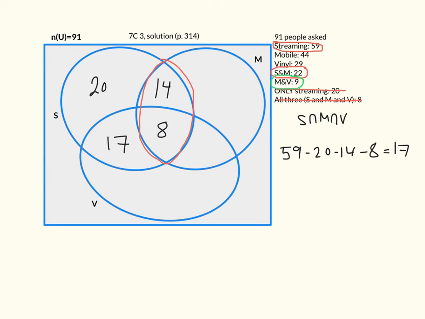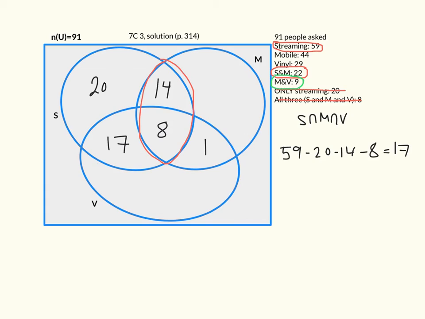And we know that 9 minus 8 is 1. And we can see that this area here, the size of that is 9, and that is the intersection between vinyl and mobile.